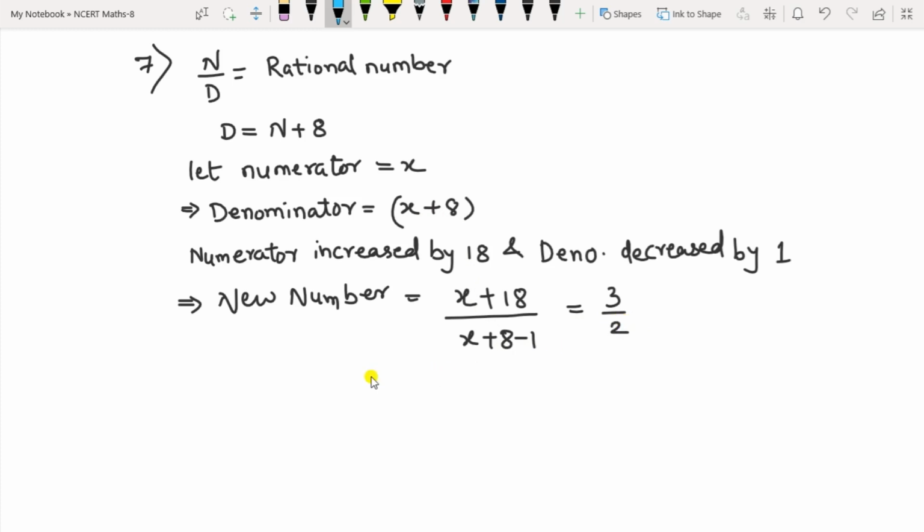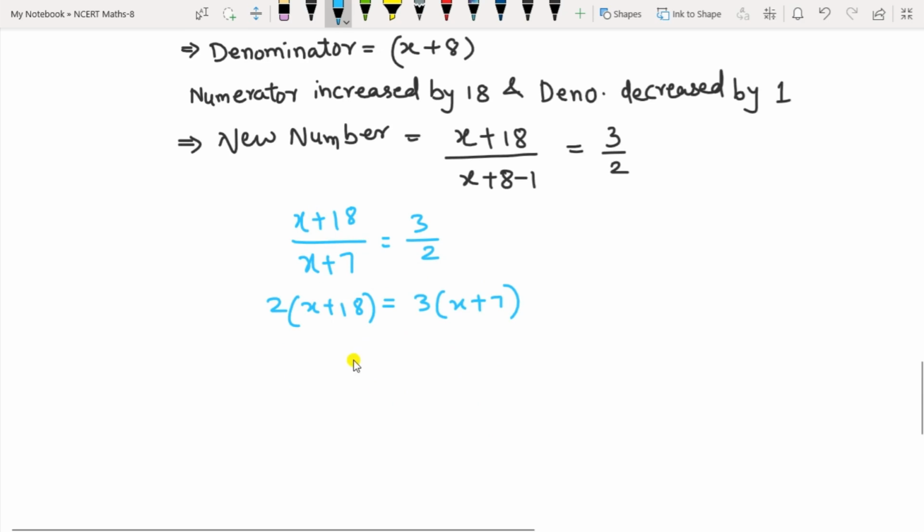So you have to solve it here. This becomes x plus 18 upon x plus 7, since 8 minus 1 is 7, equal to 3 by 2. Now cross multiply. 2 bracket x plus 18 equal to 3 bracket x plus 7. Okay.